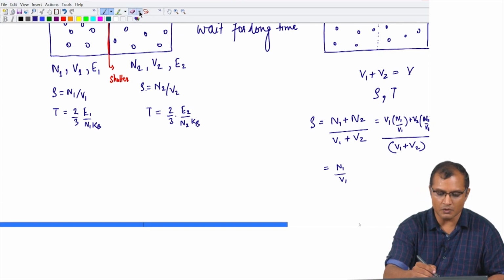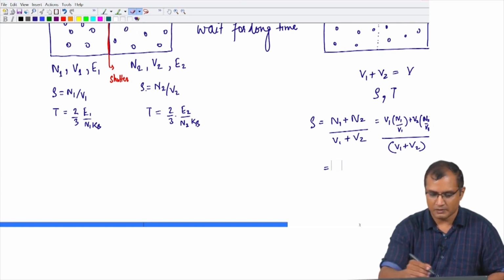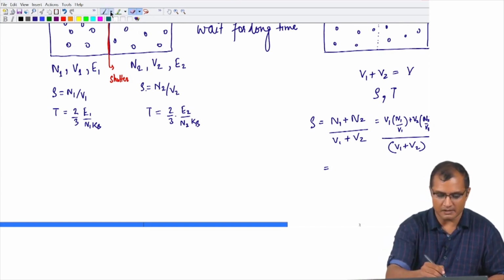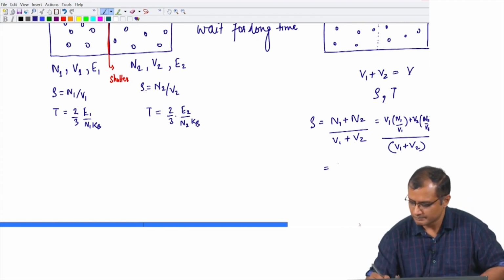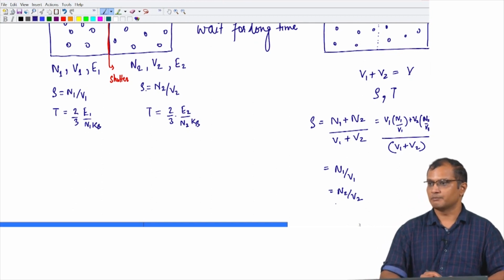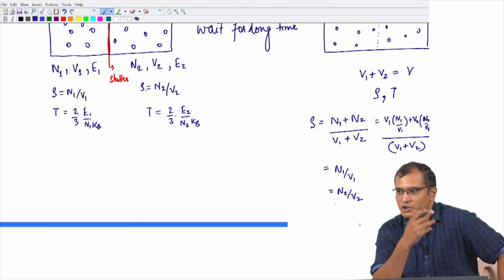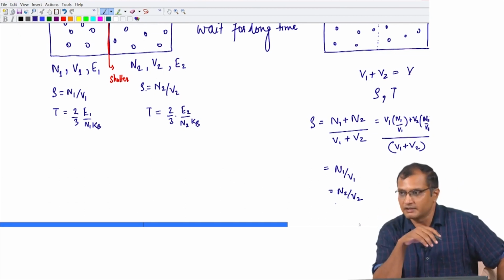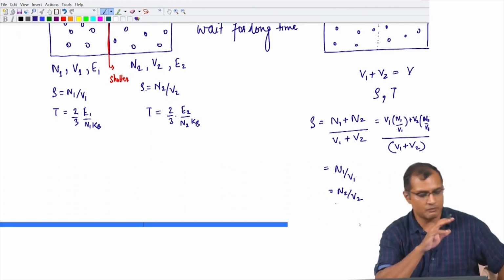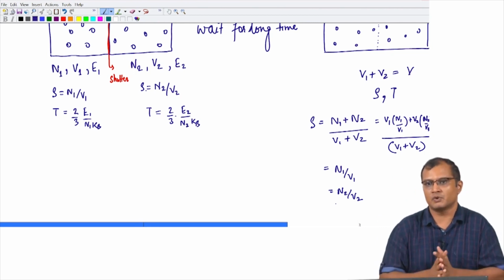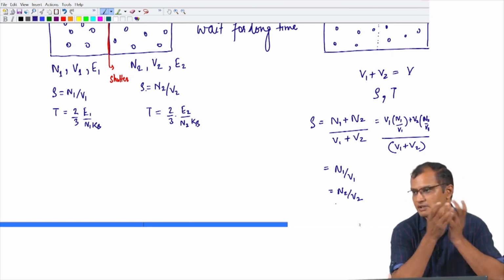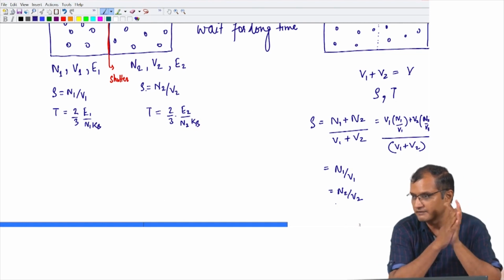If I take it as rho, it remains the same. So, it is either N1 by V1 or N2 by V2, which is nothing but your rho. Okay. So, N1 by V1 is rho and N2 by V2 is also rho, like I have taken here. So, I can substitute rho from both sides. What I get is rho plus rho divided by 2. So, it is just rho itself.